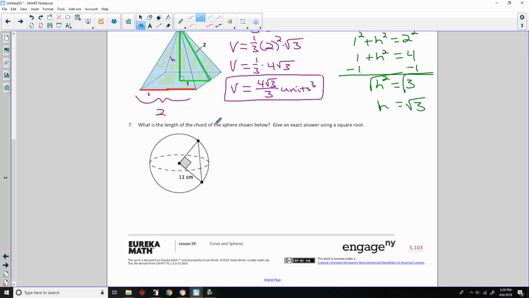Okay, what is the length of the chord of the sphere shown below? Give an exact answer using square roots. By definition, a chord is a line segment that has both endpoints on the surface of a sphere and is in the interior of the sphere.